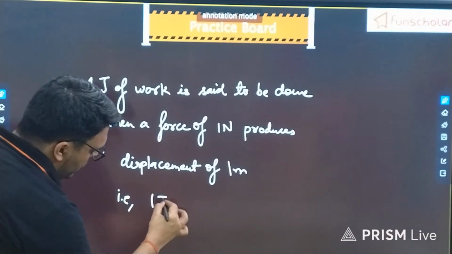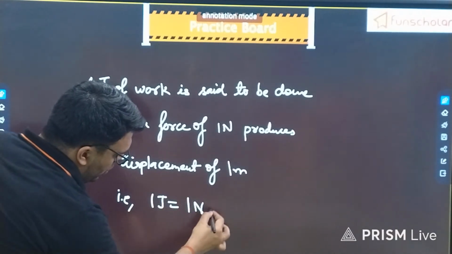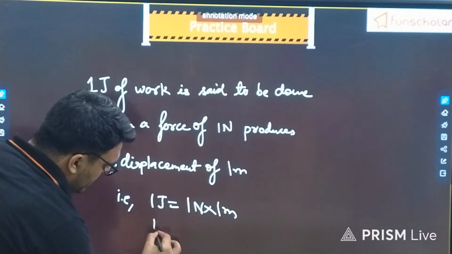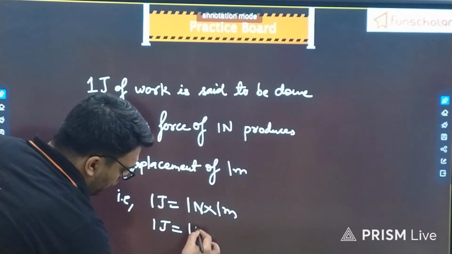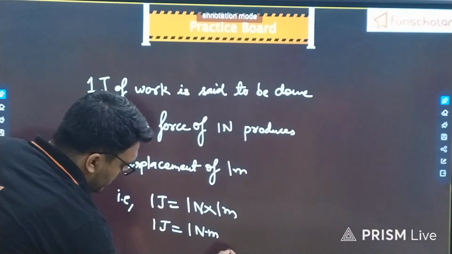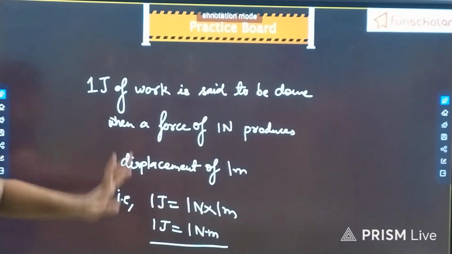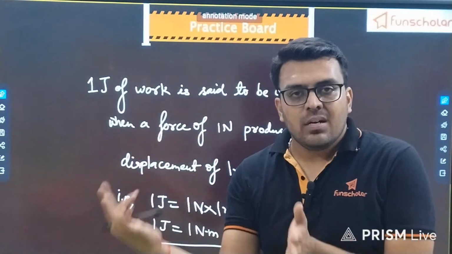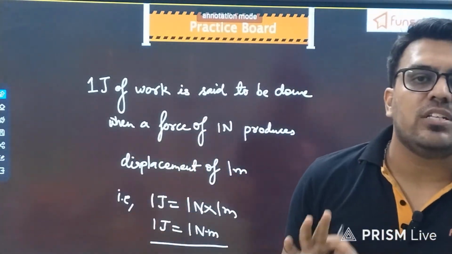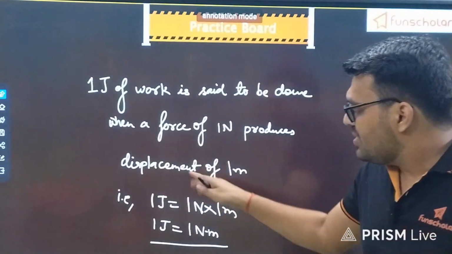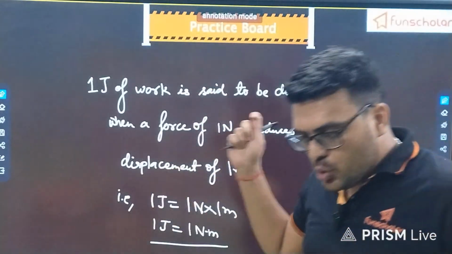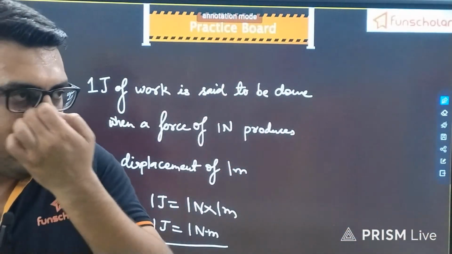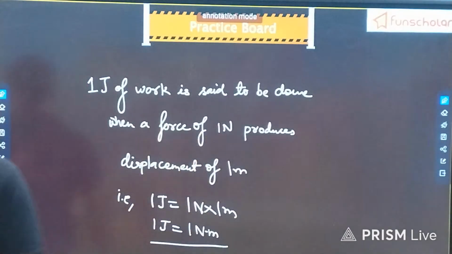That is, 1 joule is equal to 1 Newton into 1 meter, that is, 1 joule equals 1 Newton meter. What is 1 joule of work? When 1 Newton force produces a 1 meter displacement, that is equivalent to 1 joule. So this is the definition. You can write it down. I will give you a minute of time and then we'll proceed further.